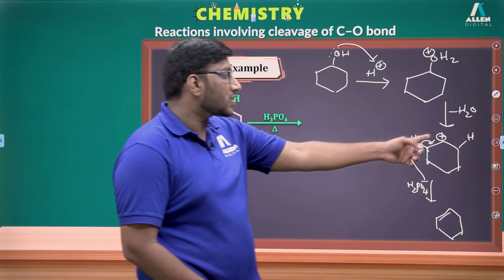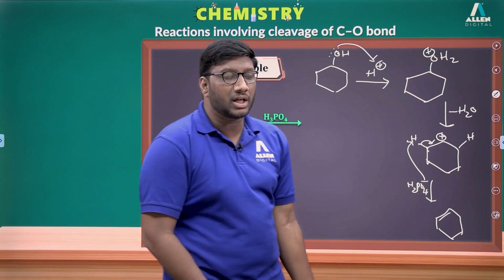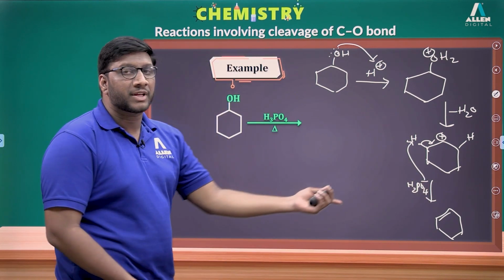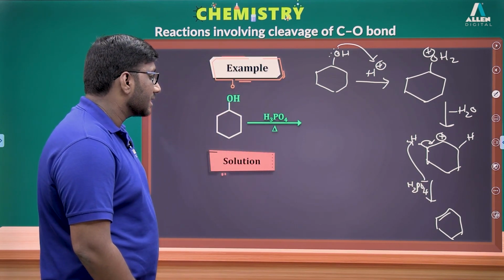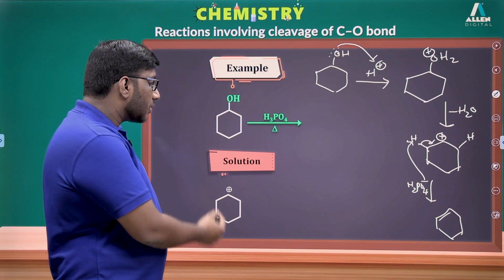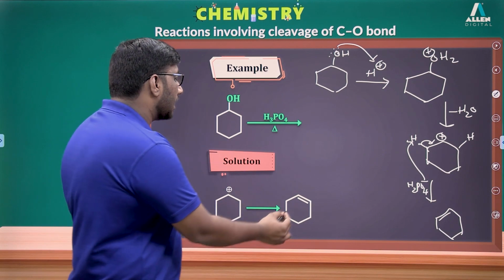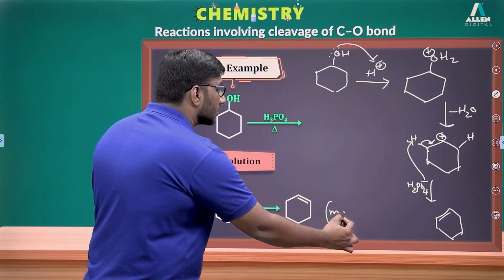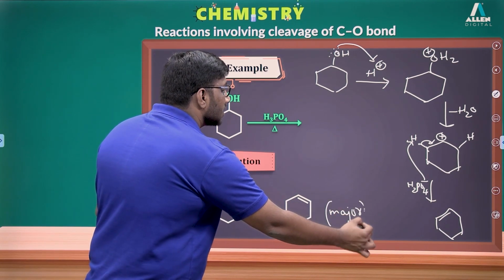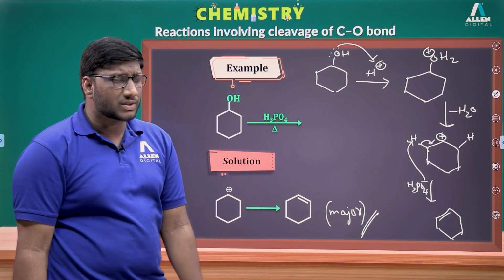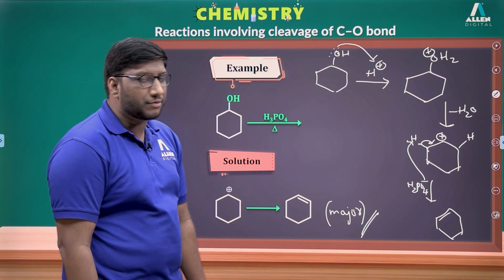If the other hydrogen is also picked up, we get the same alkene, so that is going to be the major product. So the carbocation is formed and it undergoes elimination to form an alkene, which is your major product. This is a simple reaction, right students? Let us try to understand a different example.